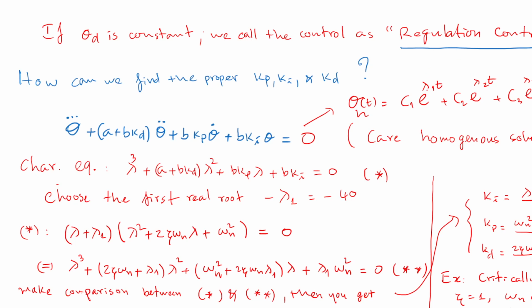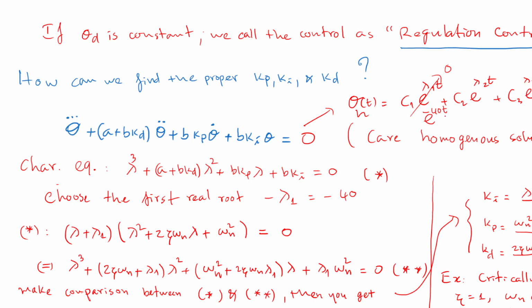So I choose lambda 1 as minus 40 because I want this term to die out in a very short period of time, because exponential of minus 40t will go to 0 very fast. Yeah, you may choose minus 20 or minus 30, that's fine, but don't choose minus 2 or minus 3 because it dies out so slowly.